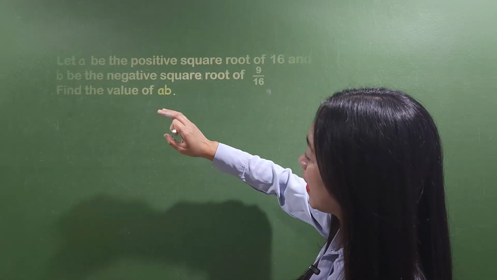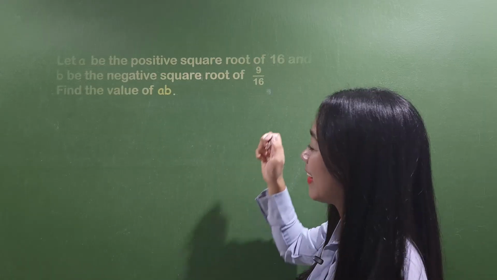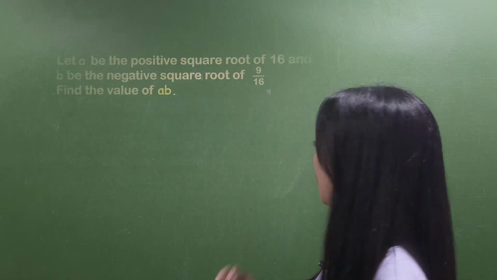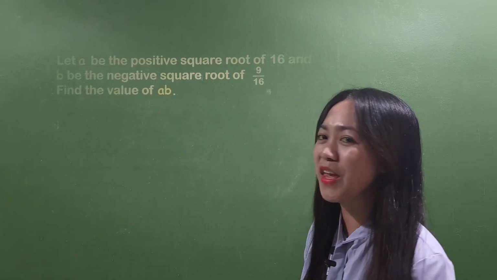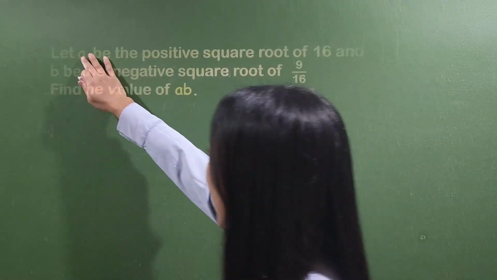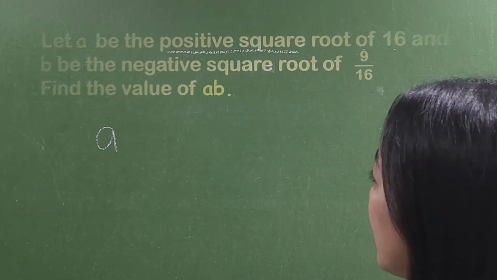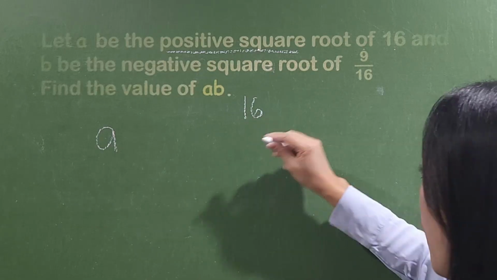Let A be the positive square root of 16 and B be the negative square root of 9 over 16. Now, let's find the value of AB. A is the positive square root of 16. 16 is a perfect square.